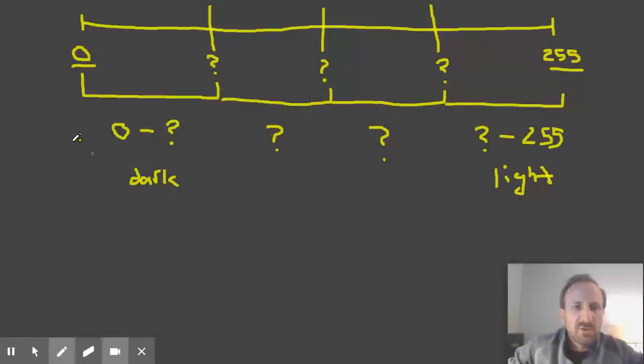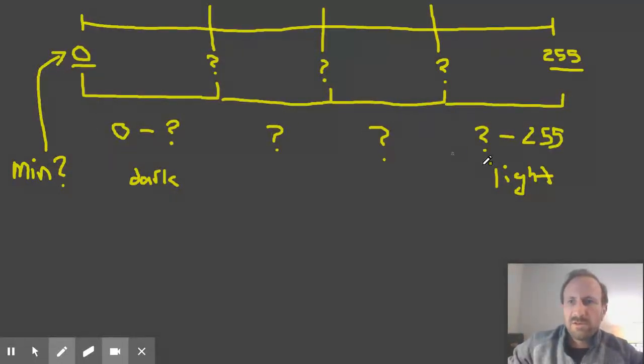So rather than 0, what you could do is figure out the smallest value in your photo. You could do that by running a minimum algorithm, or min algorithm, to figure out what that min value is for your photo, and replace the 0 with the min. You could do the same for the max.